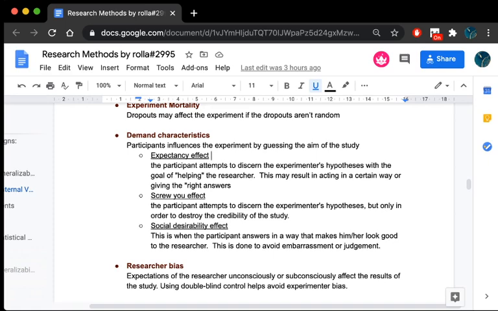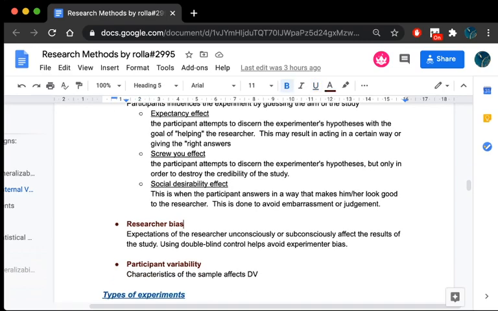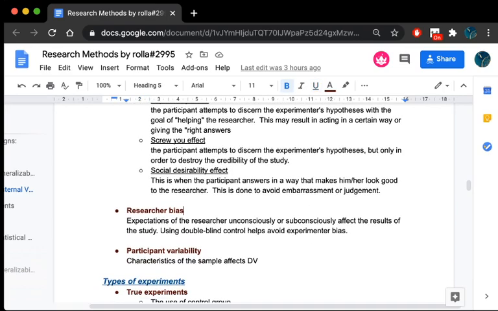Screw effect is when they rebel against the actual result and purpose. Social desirability is when they try to give potentially good responses so they look good in front of the researchers.